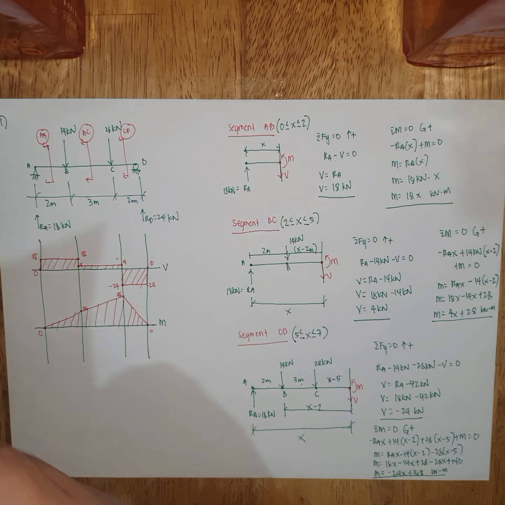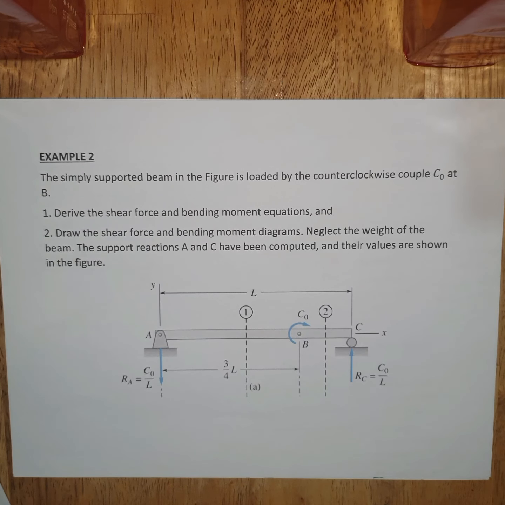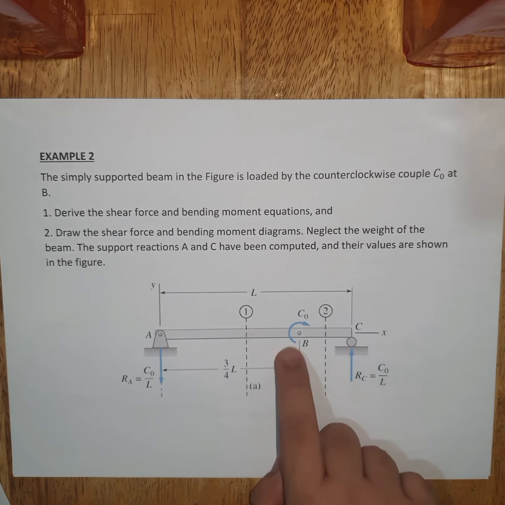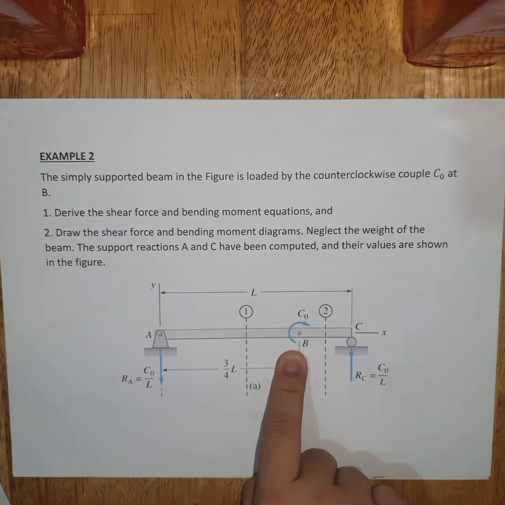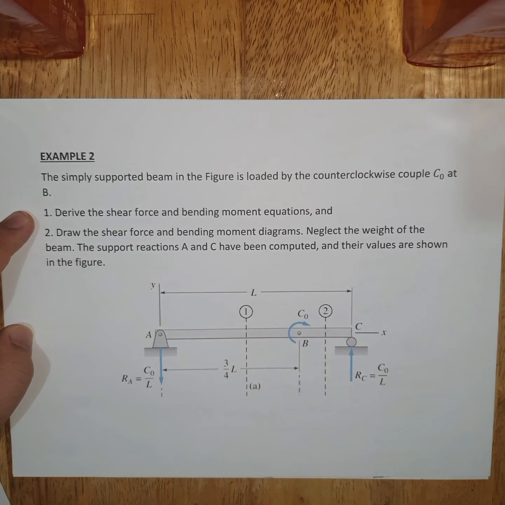Ito yung second problem natin. Okay? So the simply supported beam in the figure is loaded by a counterclockwise couple na C sub O at B. So ito daw yung loading niya. Okay? Pinapagawa sa atin is derive yung shear force and bending moment equations and draw the shear force and bending moment diagrams.